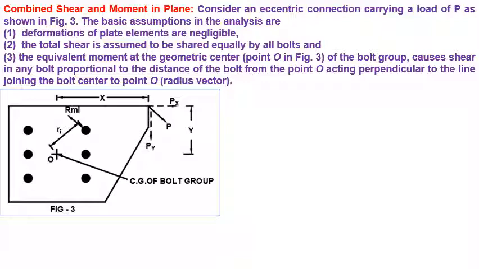And third, the equivalent moment at the geometric center of the bolt group causes shear in any bolt proportional to the distance of the bolt from the point O, acting perpendicular to the line joining the bolt center to the point O. RMI is the force generated to resist the moment.